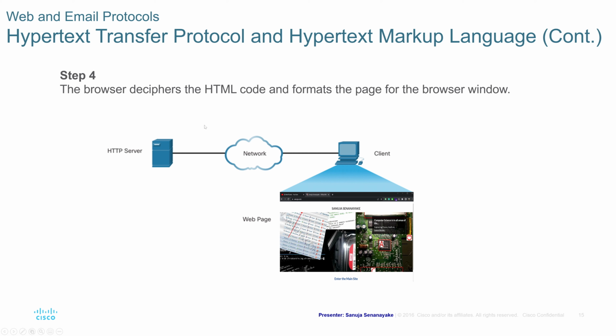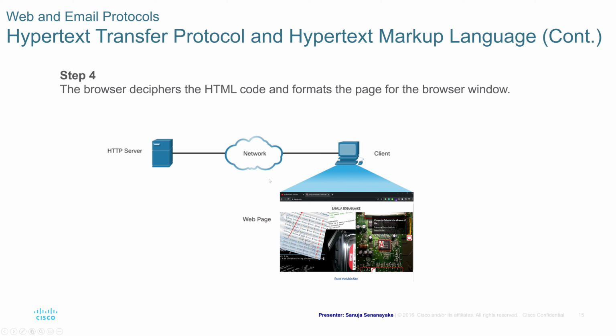In step 4, the browser receives that HTML code and it deciphers and formats the page for the browser window. Just like the Cisco website, if you visit www.sanuja.com, you will be presented with a page similar to this.